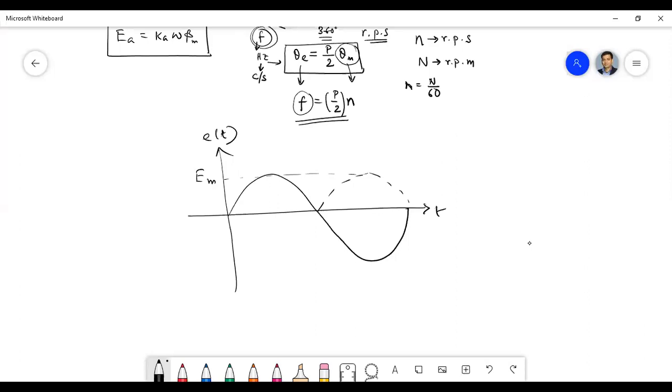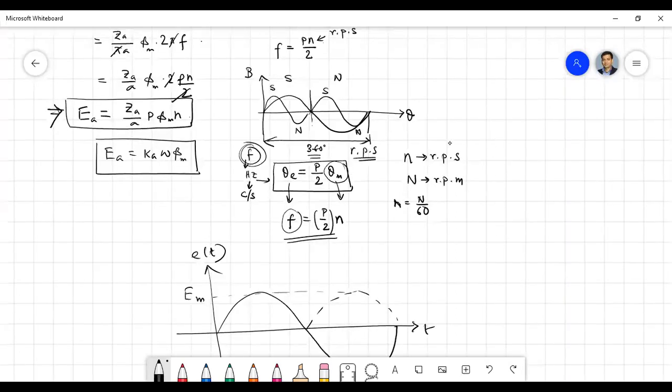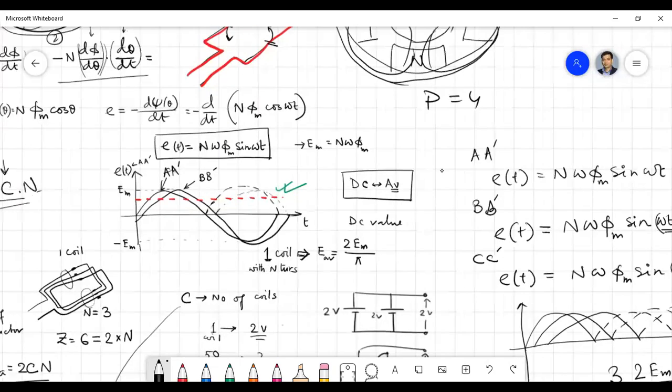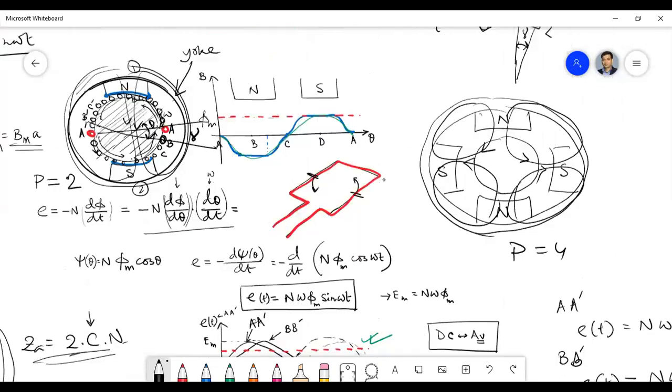The second point is, here you see where the voltage is getting induced. The voltage is getting induced in a rotating part of the machine, isn't it? Something is rotating and the coils are mounted on it, and there the voltage is getting induced.